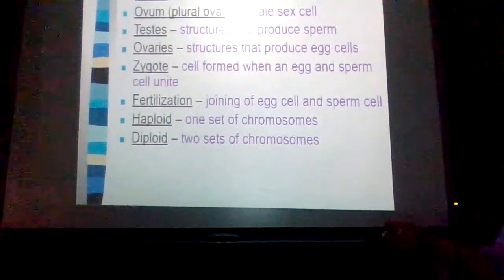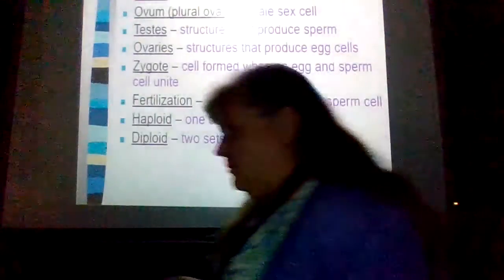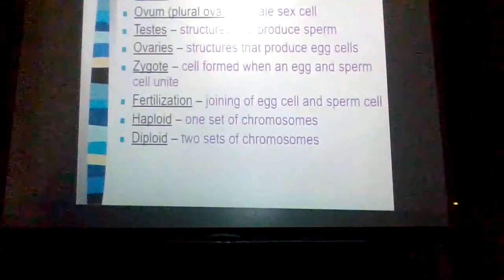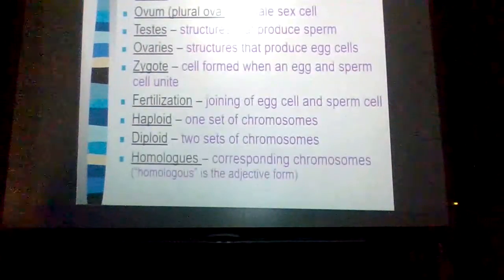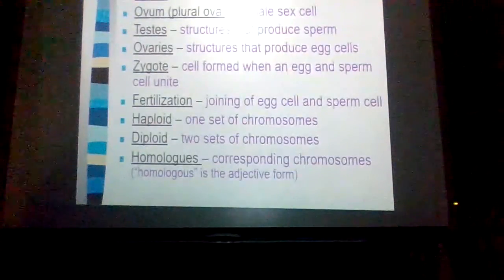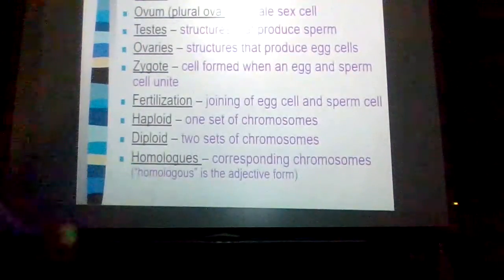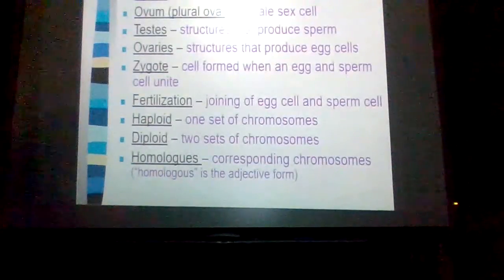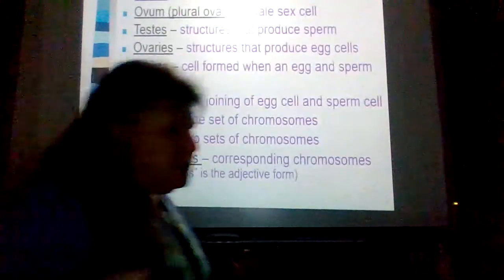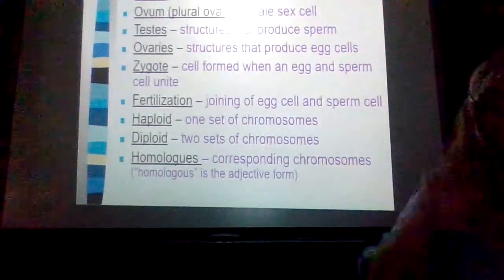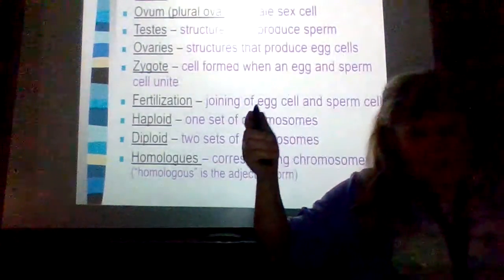Who do we get our 2 sets of chromosomes from? Yeah, from our parents. We get one from mom, we get one from dad. We bring them together and we make a gene. Okay, homologs, these are corresponding chromosomes. And we've talked about this a little bit. We said that we get a chromosome from mom for blue eyes, we get a chromosome from dad for brown eyes.